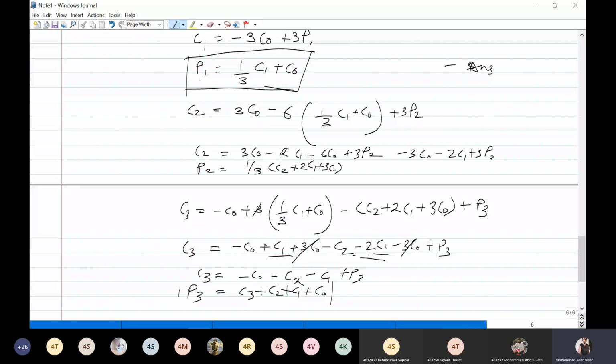That will be the answer for the last control point. So we have found P3, P2, P1 and P0.